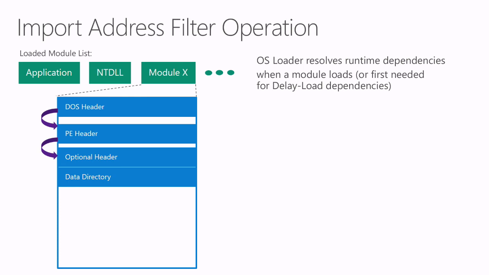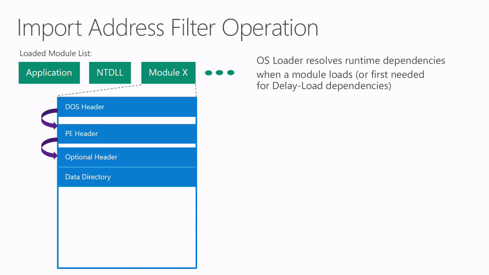So we thought about how we could break this import address table technique. The way the OS works, when you have a DLL loaded into your process, your DLL, module X in this example, could depend on some other APIs that other DLLs expose on the system. The operating system is responsible for loading your DLL, and then any of your dependencies will be loaded as well if they're not there currently.